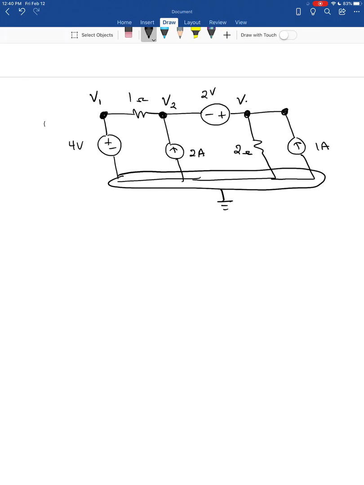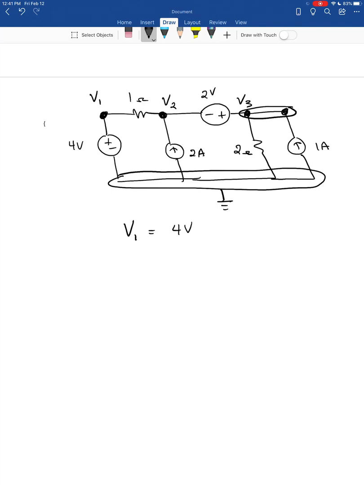Now I'm going to label my unknown voltages. This V3 is for both of these branches connecting to node V3. So I have 3 unknown node voltages, and then I have a voltage source in there. The first thing that's obvious is that V1 is equal to 4 volts.